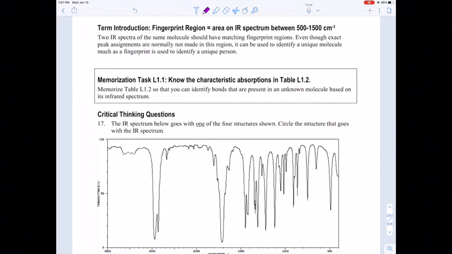So, the real term for the fingerprint region: two IR spectra of the same molecule should have matching fingerprint regions. Even though exact peak assignments are normally not made in this region, it can be used to identify a unique molecule, much as a fingerprint is used to identify a unique person, if you have a standard to go off of.